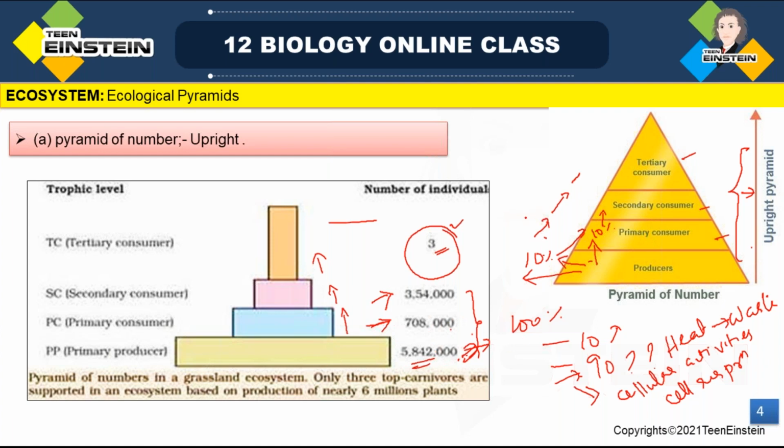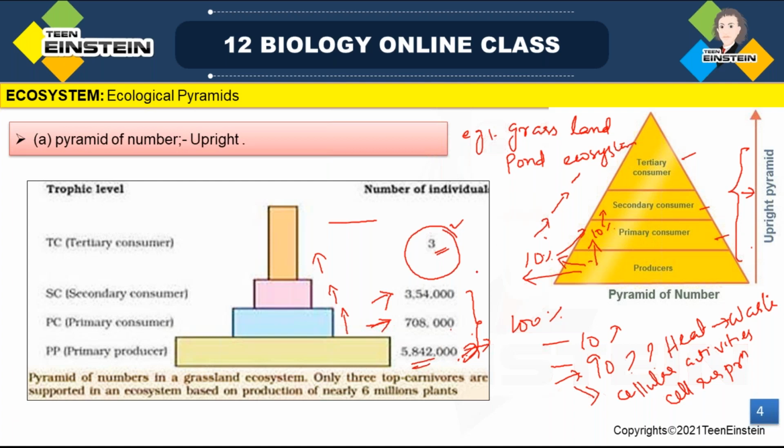For example, you can say grassland ecosystem and pond ecosystem. These are the examples for pyramid of numbers. So the main point you need to explain is that this is an upright pyramid. From the bottom level to the top trophic levels, the number of individuals is decreasing.